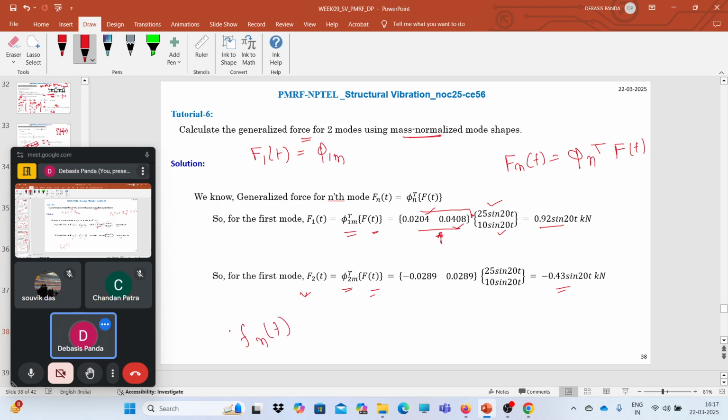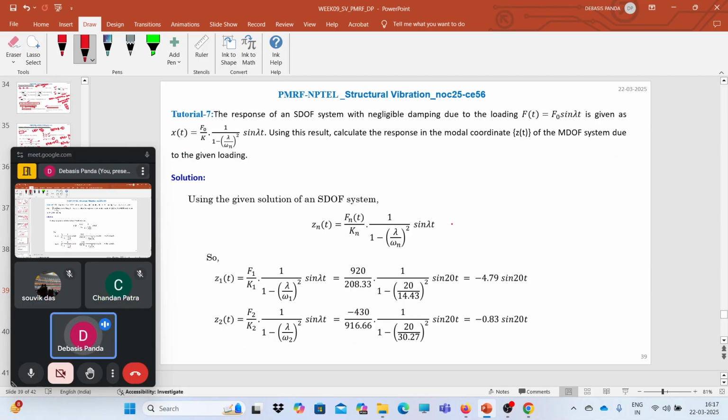So this Fn(t) vector contains the two modal forces: 0.92 sin 20t and minus 0.43 sin 20t. These are the modal forces.